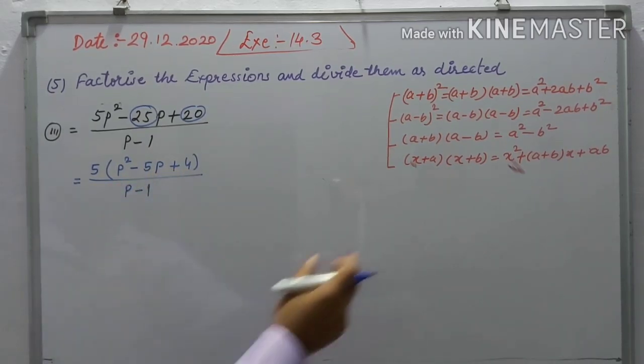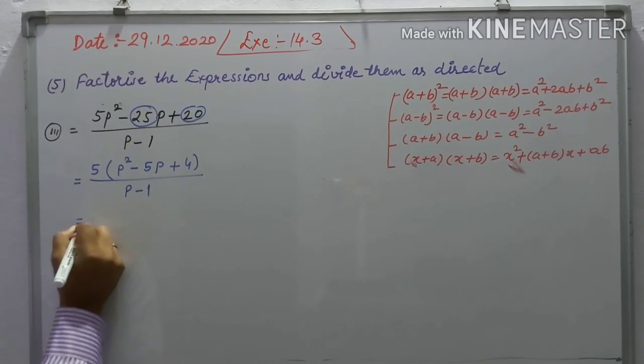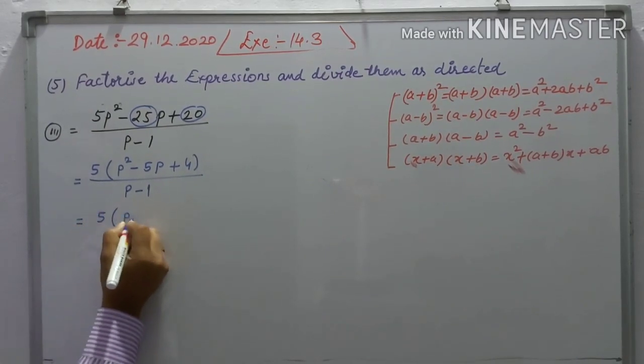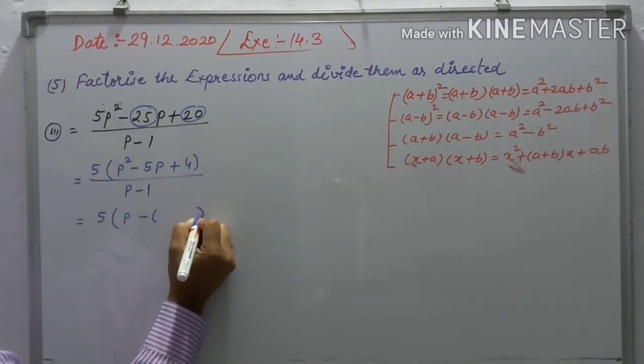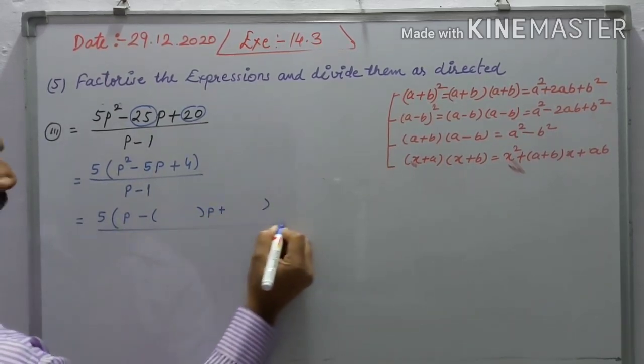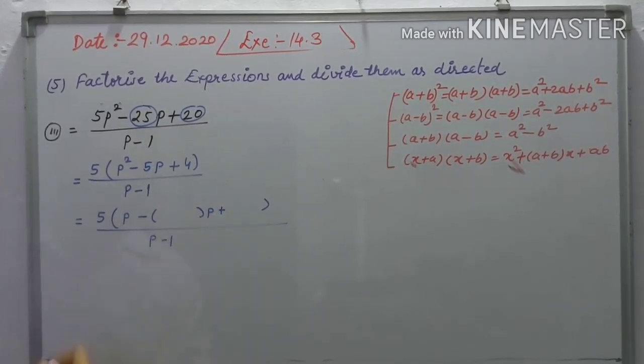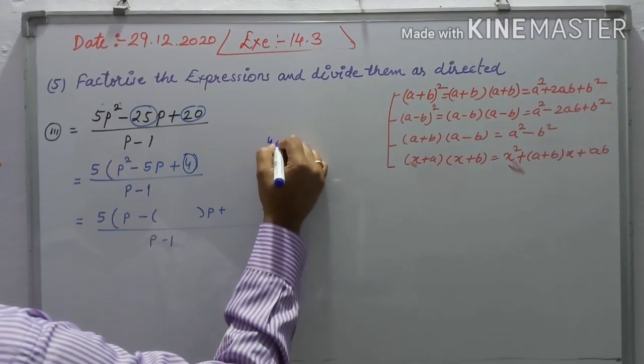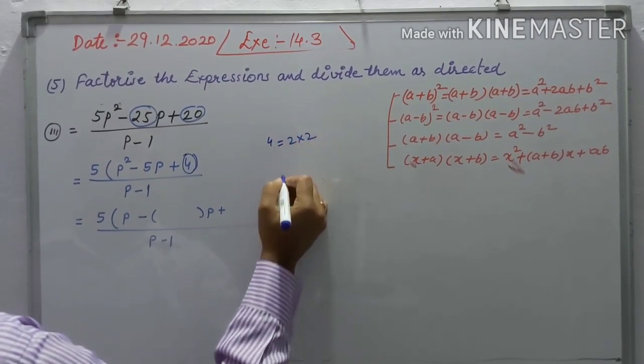Then we use the fourth identity: 5(p − ...)(p − ...) upon p − 1, and 4 will be factors of 2 into 2, 4 is equal to 2 into 2.